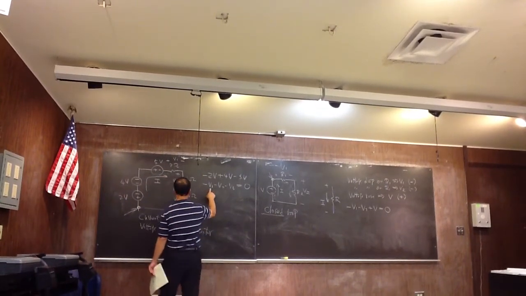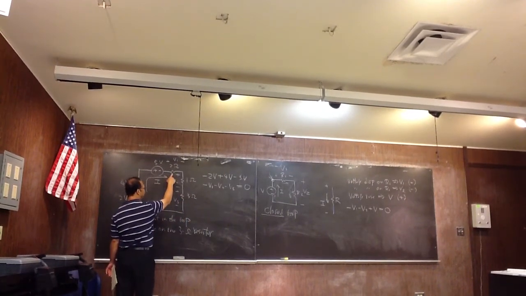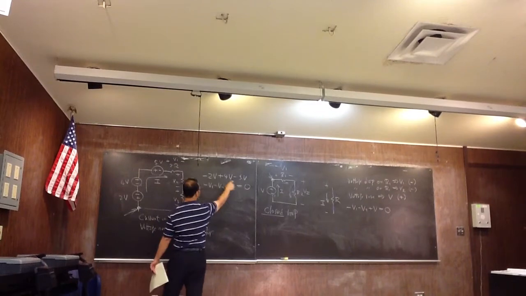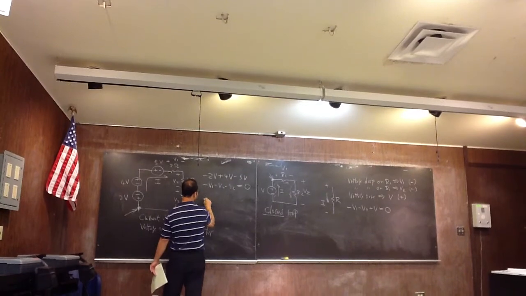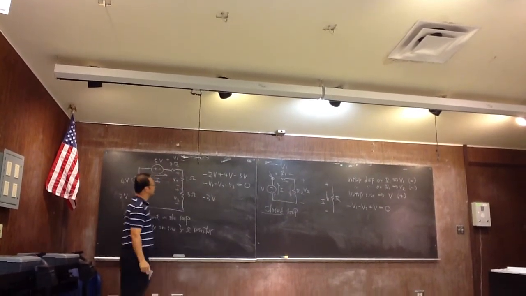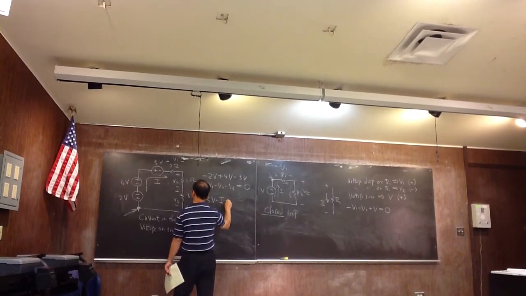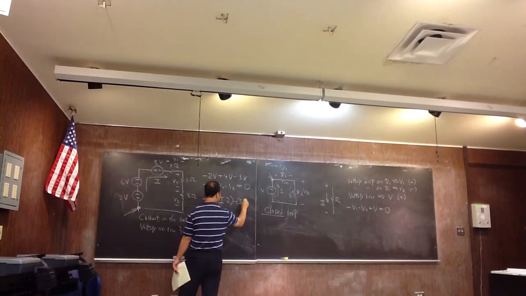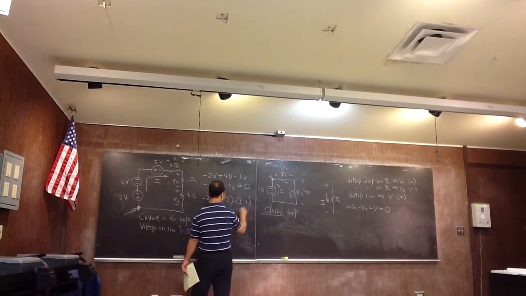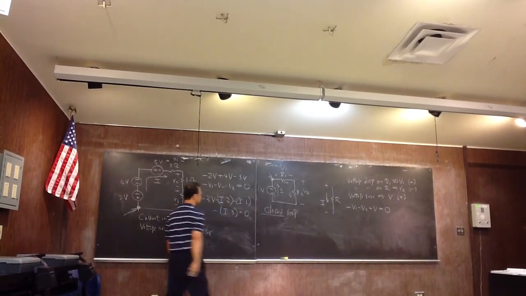So what's V1? According to Ohm's law, V1 is I times 2, right? So what do you have on the top? It's minus 3 volts, minus I times 2, minus I times 1, minus I times 3, equal to 0. Correct?